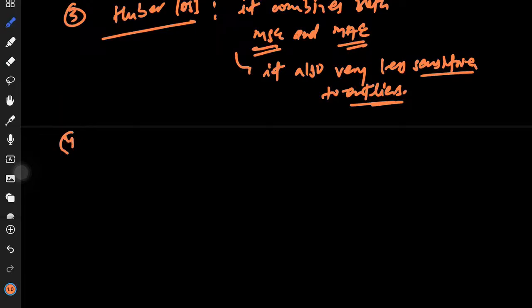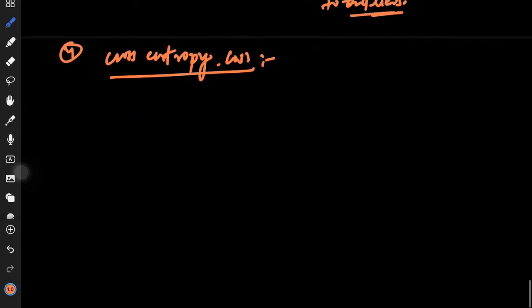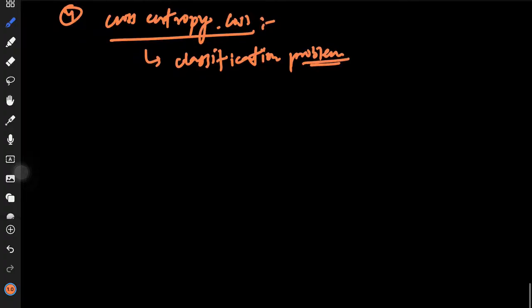Then here comes the fourth one, which is cross entropy loss. And where can we use it? It is used in classification problems.